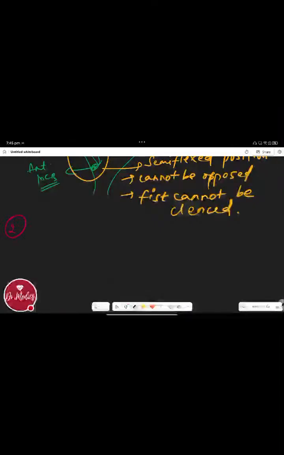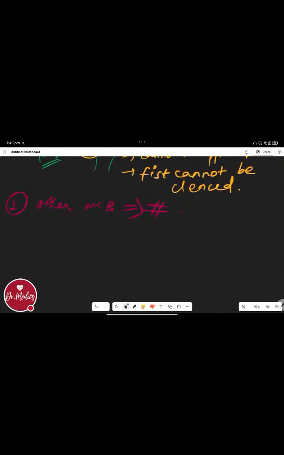The second is that the other metacarpal bones also can get fractured by direct or indirect violence.